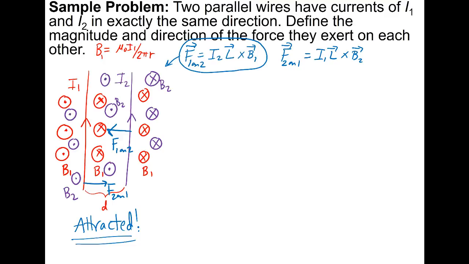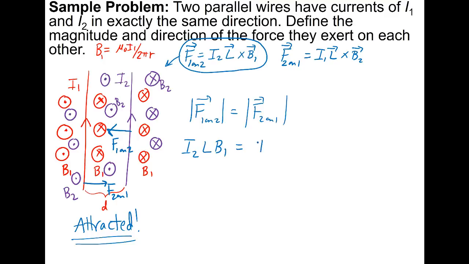So this is just a rule of thumb that we'll review in a second. But let's calculate the magnitude of the force. So the magnitude of the force of 1 on 2 is actually the same as the magnitude of the force of 2 on 1, and we'll see that in a second. So F1 on 2 is I2 L B1, and everything is perpendicular.